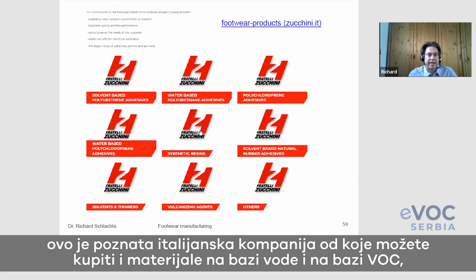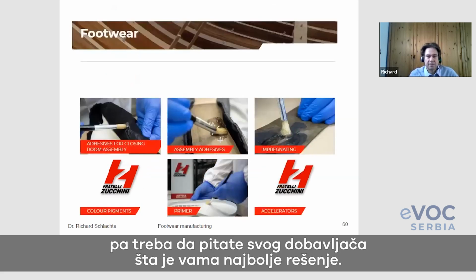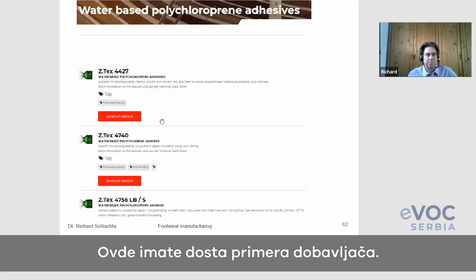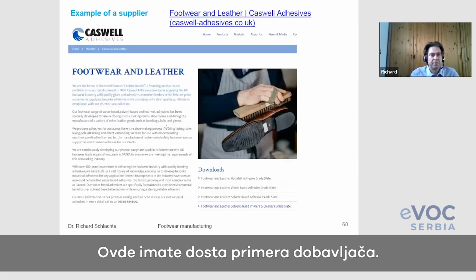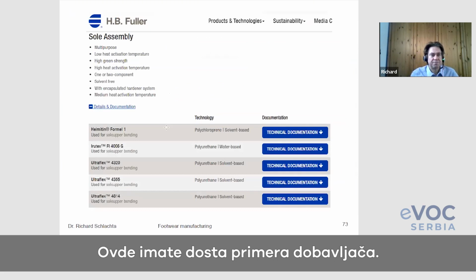Here it's the same. That's a famous Italian company. You can buy solvent-based and water-based materials, and so you have to ask your supplier what is the best solution for you. So I will skip a little bit because that is examples from manufacturers.